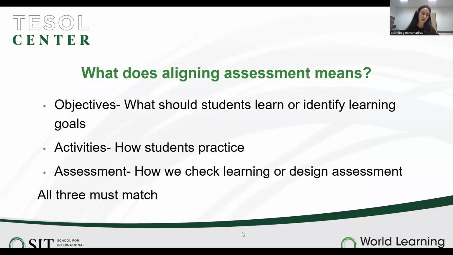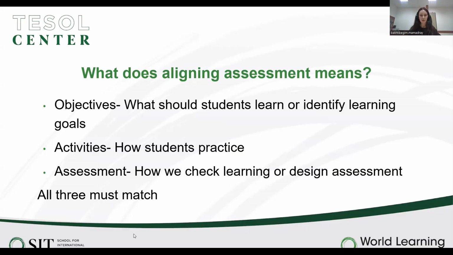Okay, what does aligning assessment mean? As today we will talk more about assessment and objectives, I use three main points in my lesson. It is objectives, activities, and assessment.